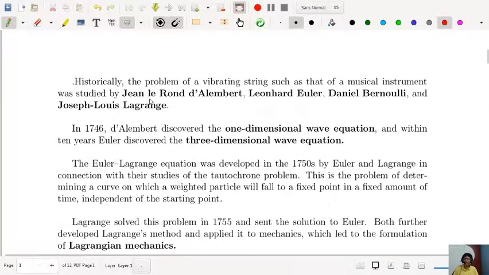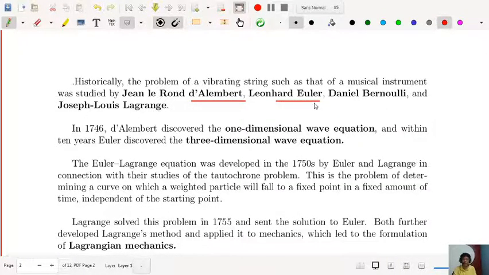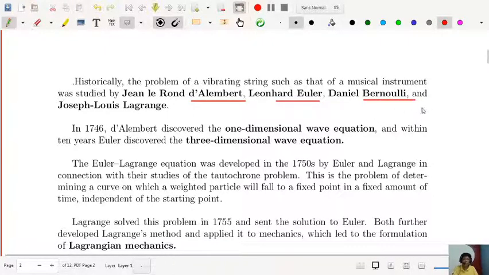Historically, the problem of a vibrating string, such as that of a musical instrument, was studied by D'Alembert, Euler, you might have heard about Euler, a famous mathematician, Daniel Bernoulli, and Joseph Louis Lagrange.